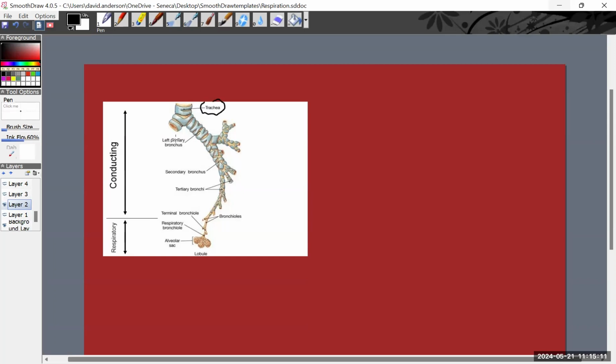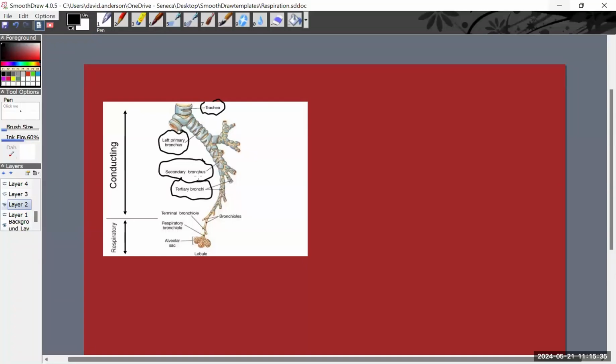You see that trachea there, left primary bronchus. Then we have our secondaries and tertiaries. But you don't even really have to worry about primary, secondary, or tertiary. Understand that we're going to branch and branch, and as we branch, we're going to distribute to deeper and deeper areas within the lung tissue.